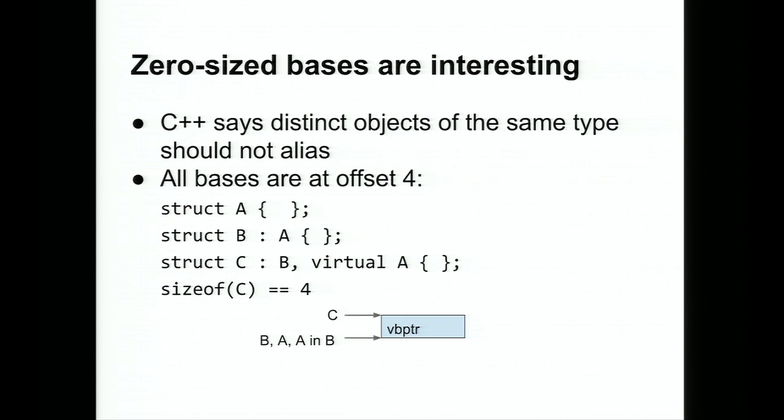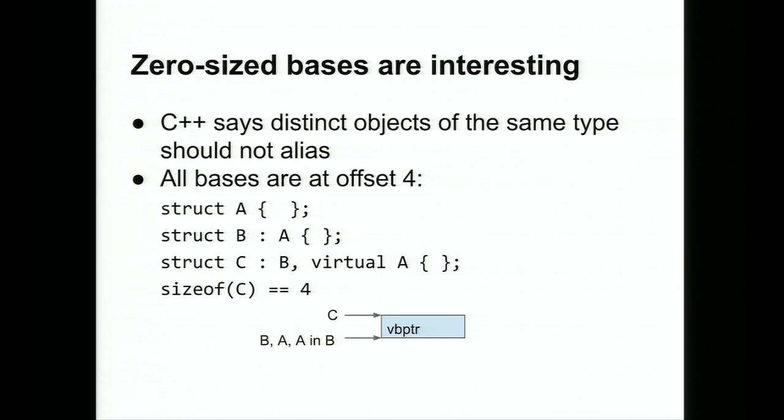So one of the other interesting corner cases that comes up is C++ tells you that you're not supposed to have objects of the same type alias. If you inherit from something, then your primary virtual base has the same this pointer, you share this pointer. But if you have multiple inheritance, then zero-sized objects should not alias. They get 1 byte of space essentially, to space them out. But this does not happen in the Microsoft C++ ABI.